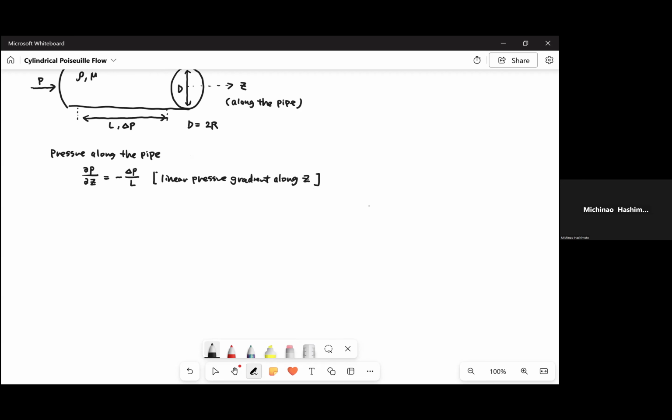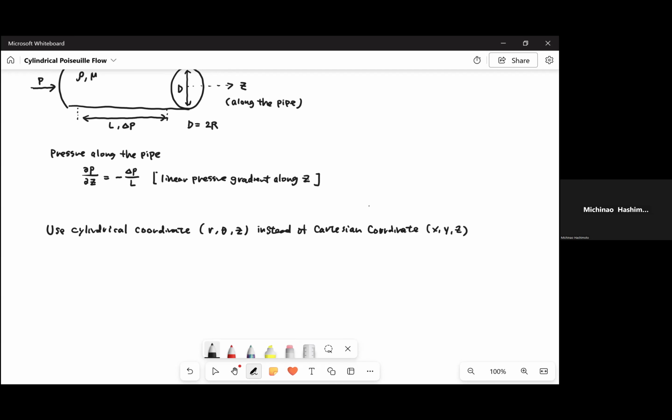In this case, let's use the cylindrical coordinates, which are r, theta, and z, instead of the Cartesian coordinates, which are x, y, and z.